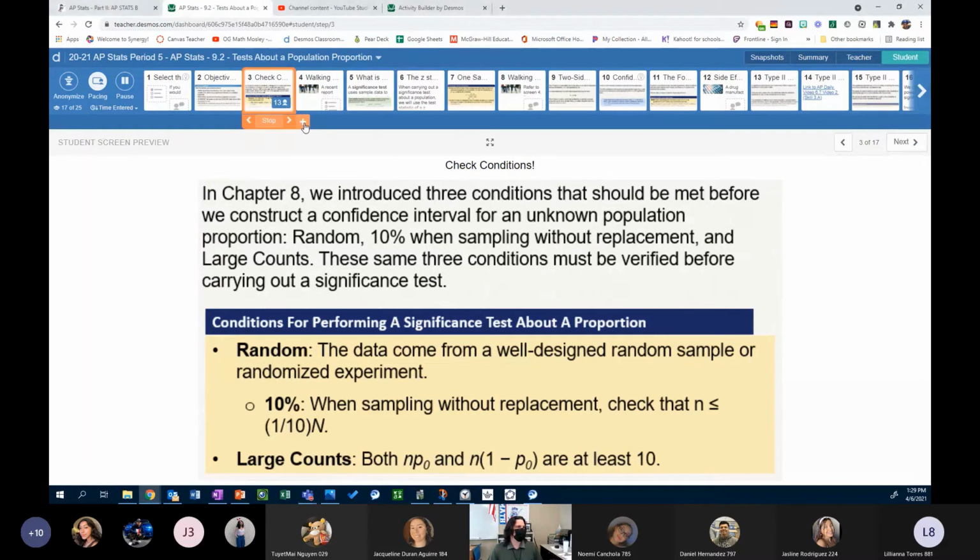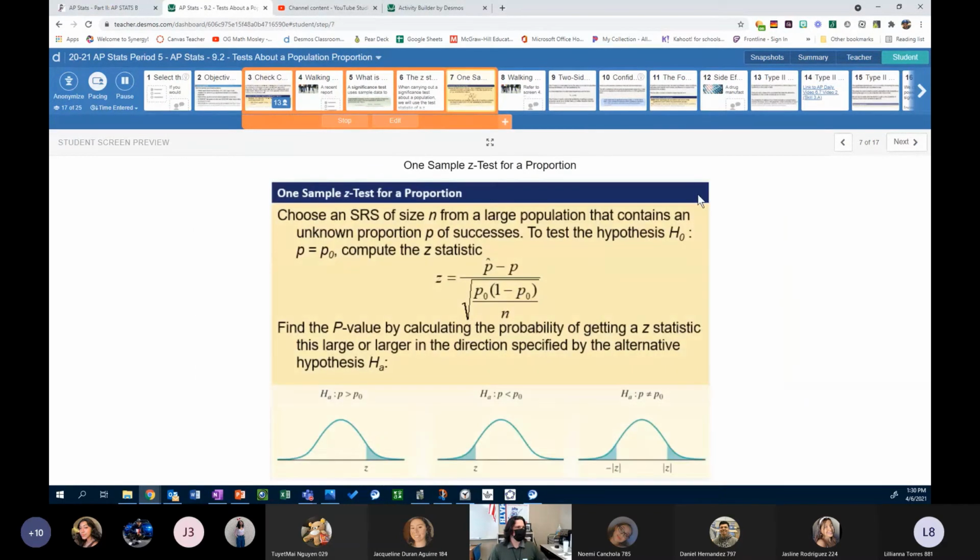Next, we're going to jump to screen 7: the one sample z-test for proportion. This is our inference method that we're using when testing a population proportion.